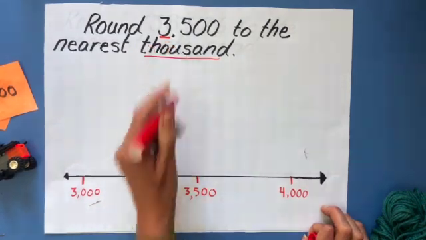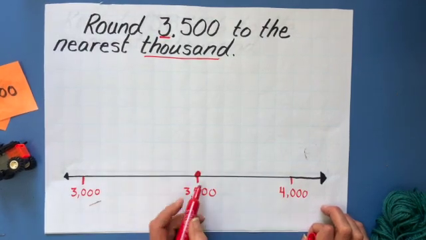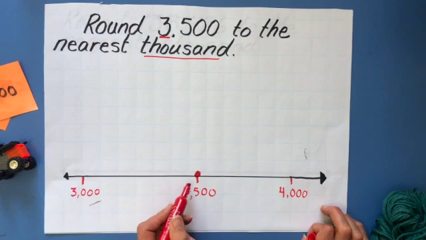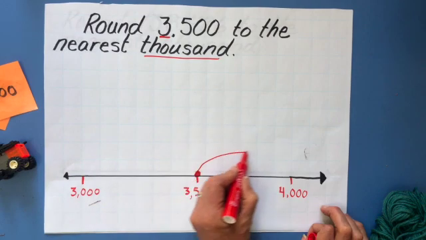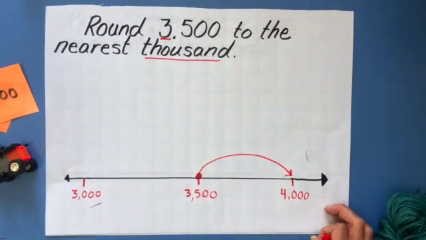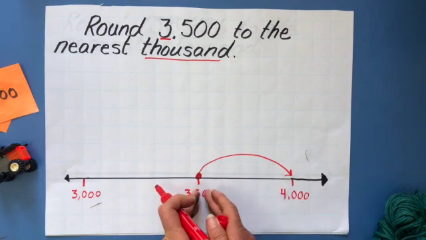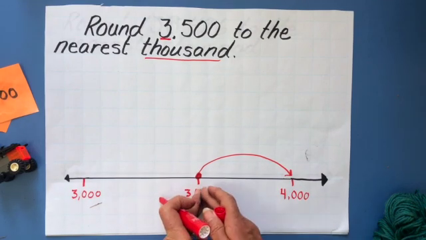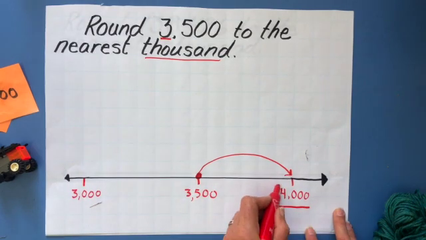Whenever we find your place, look next door, if it's 5 or greater, see how that's 5 or greater? It always falls forward, so it's going to go over here. Even though they're equal distance, they decided if it was at this halfway point, it would fall forward. So the answer is 4,000.